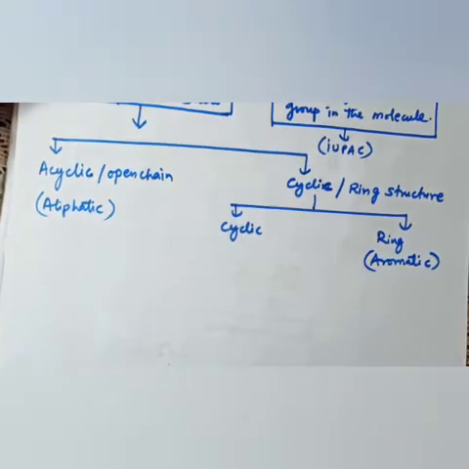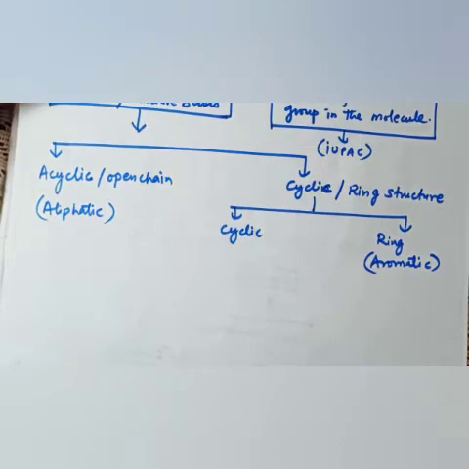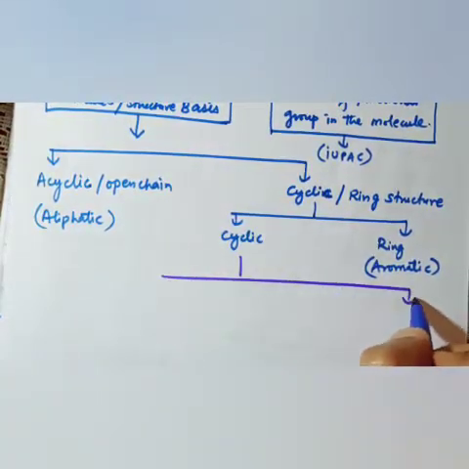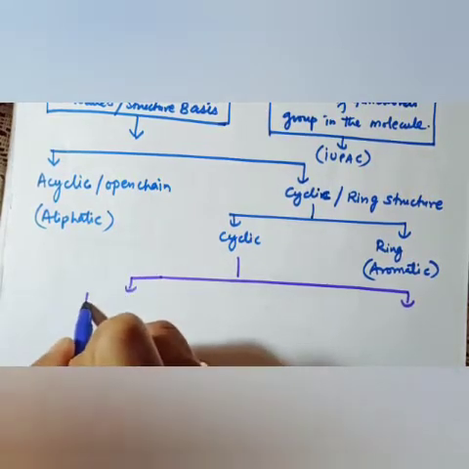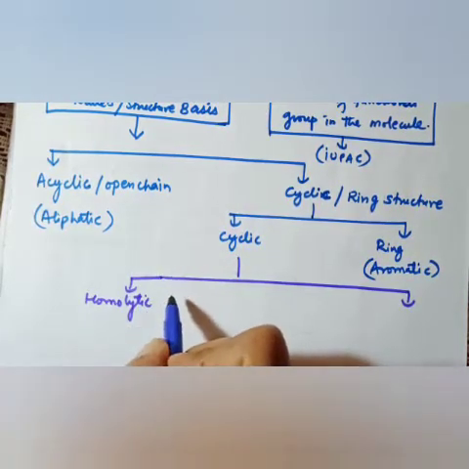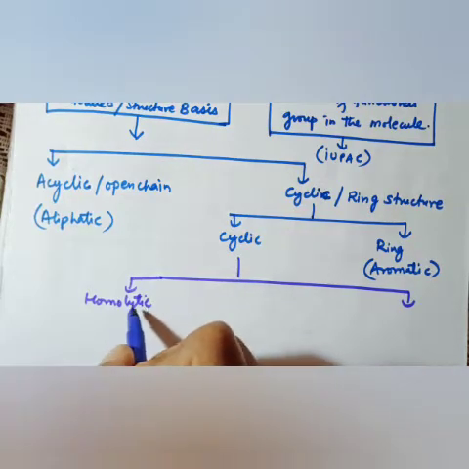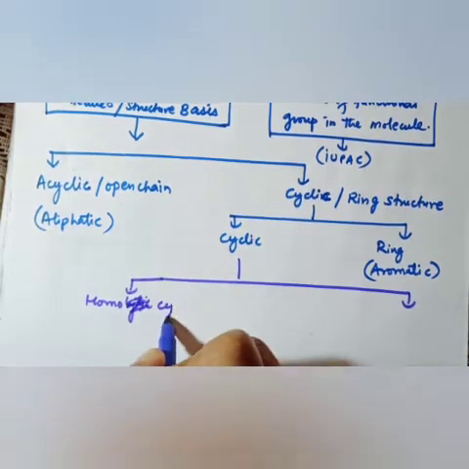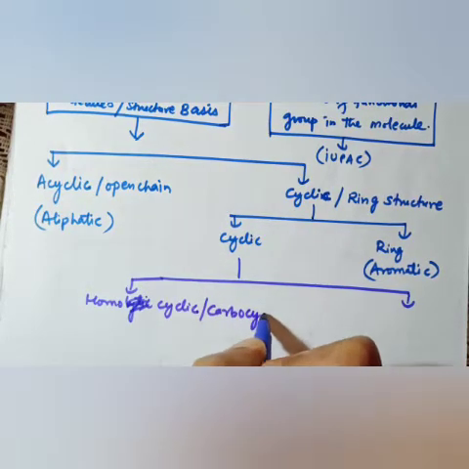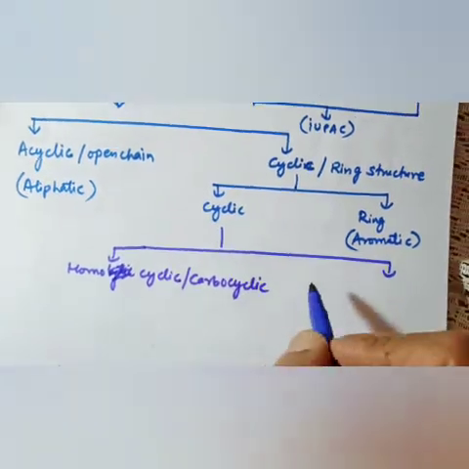Now, cyclic is also of two types. Number one is homocyclic, or carbocyclic, because we have to make a chain of carbon.